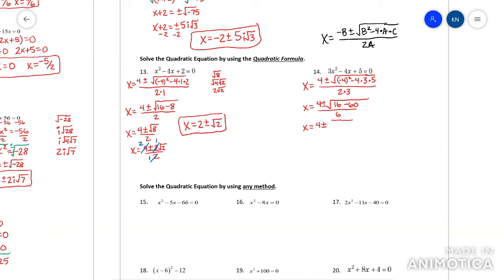Okay, 16 minus 60 is negative 44. Break down root negative 44. Start by taking the i out and calling it root positive 44. That's root 4 times root 11. So this becomes 2i root 11.